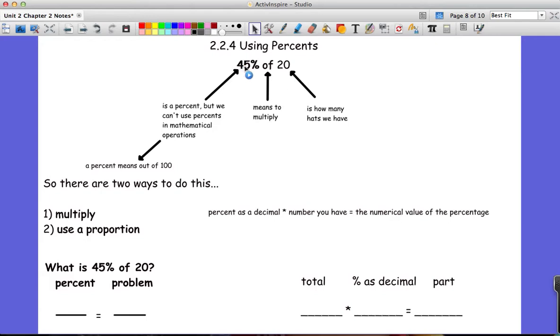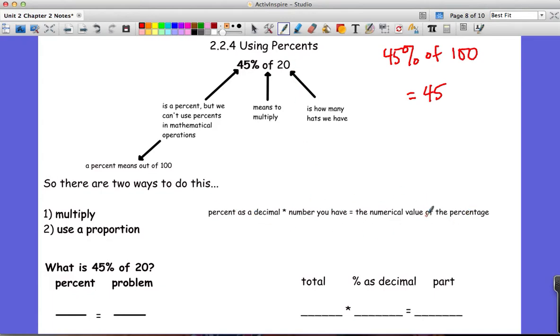I know 45% of 100 means that if there's 100 of something, what is 45% of it? Well, since 45% means per 100, it means that there are 45. But since the number isn't 100, since it's 20, we have to set it up differently.